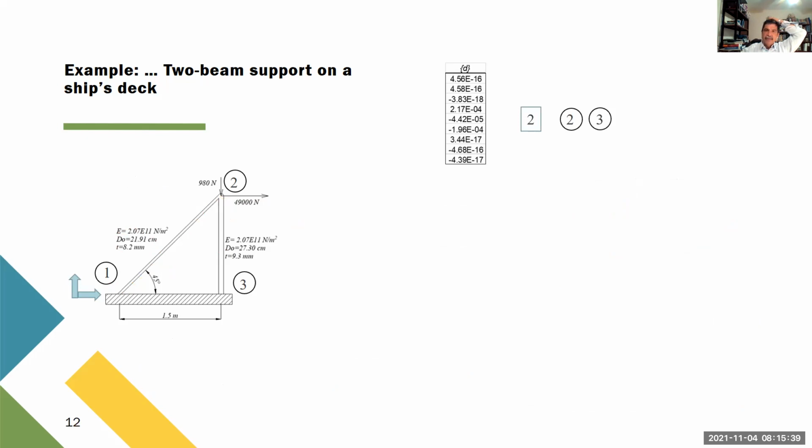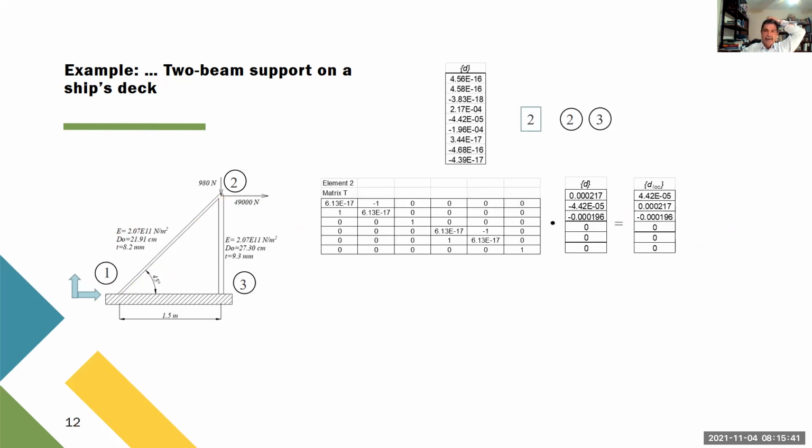Okay, we do the same for the second element. In this case, we go in this direction. So this is theta, 90 degrees negative. Sorry, here it's negative. So cosine is 0, sine is -1, cosine is 0, and minus sign is -1 is +1.